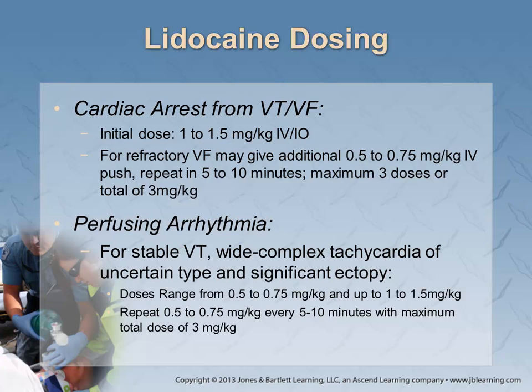You may give an additional 0.5 to 0.75 mg per kg IV. For perfusing arrhythmias, that's going to be VTAC with a pulse. If you've got wide complex VTAC, your dosages range from what you see there. Usually you're going to go more along the lines of 1 mg per kilogram. Got it?